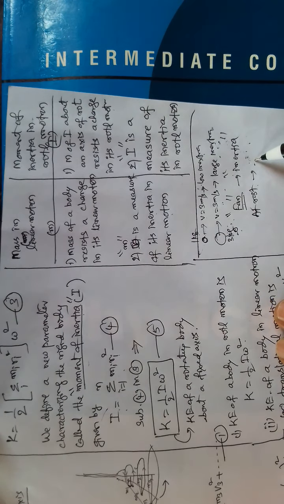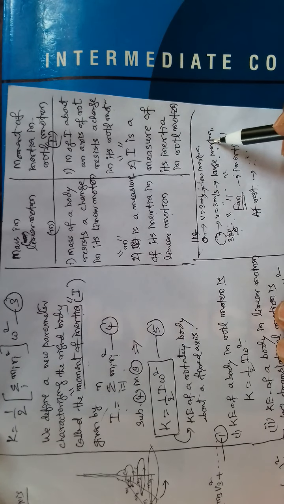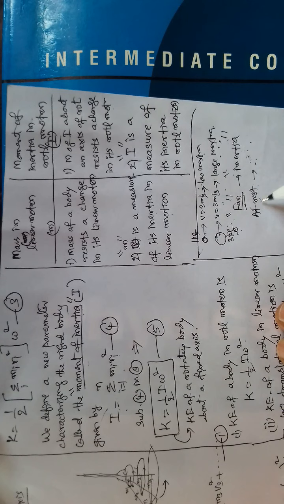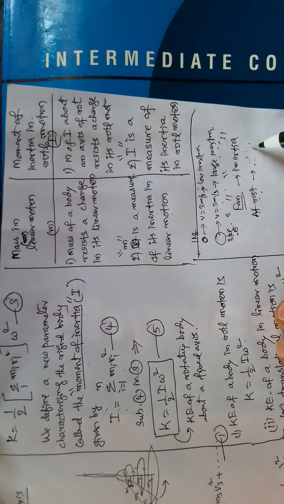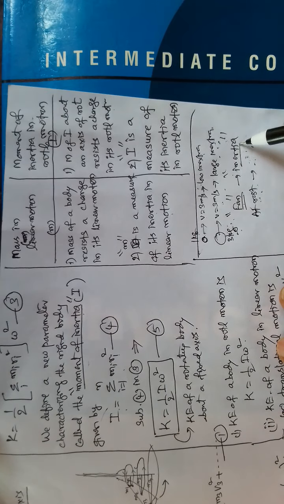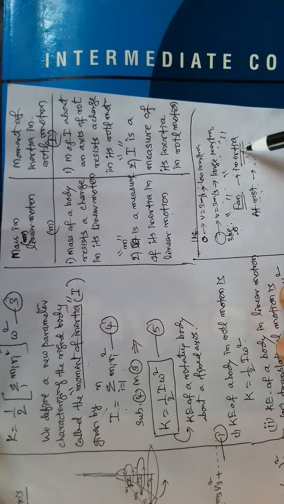Why? Because it is at rest, and by the property of inertia it wants to be at rest. It is unwilling to come into rotational motion. That's why it is taking some time to reach the 5 number speed. So this is called inertia, or this is called rotational inertia.